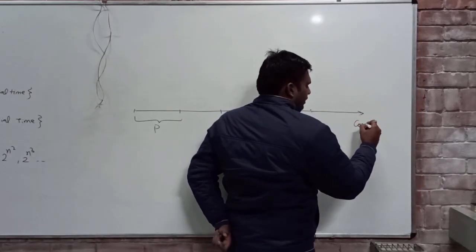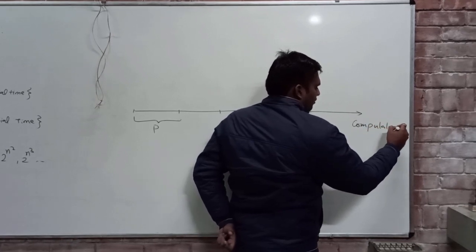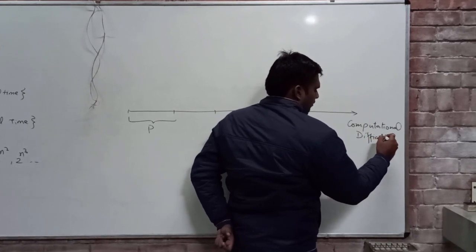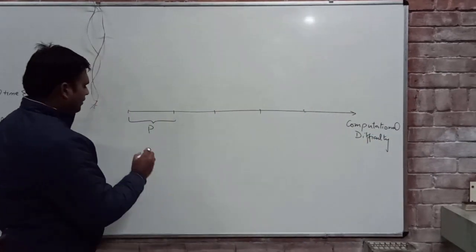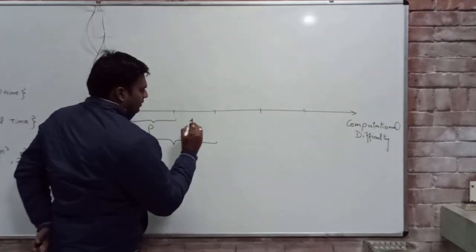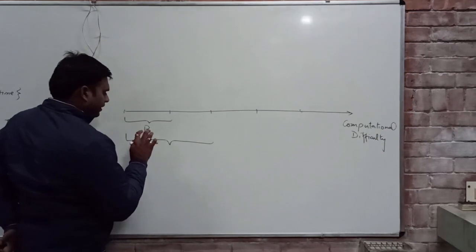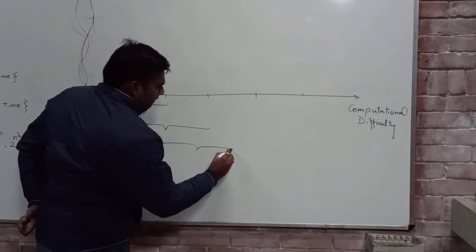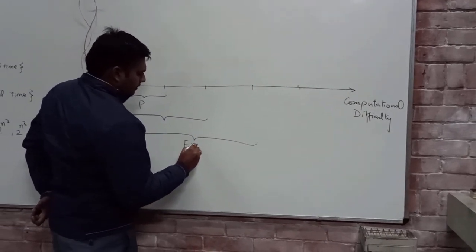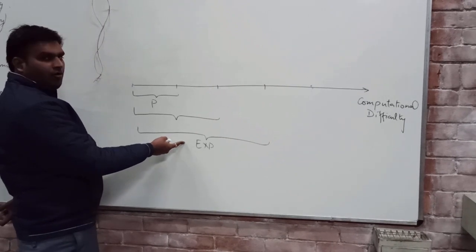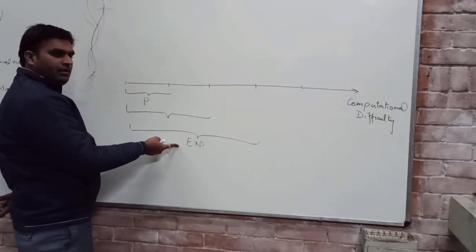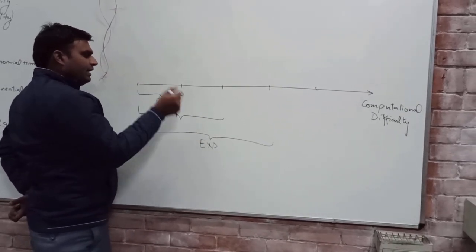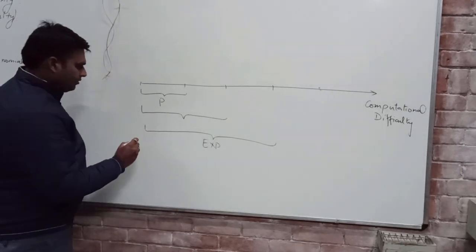This is computational difficulty. This is another level of difficulty, and I will come to this after some time. This is XP. That means every problem which is in P is also in this set XP. That means if it can be solved in polynomial time, then definitely it can be solved in exponential time also.